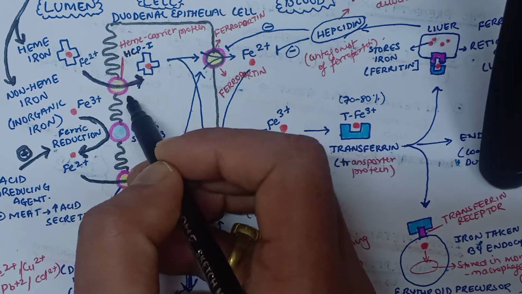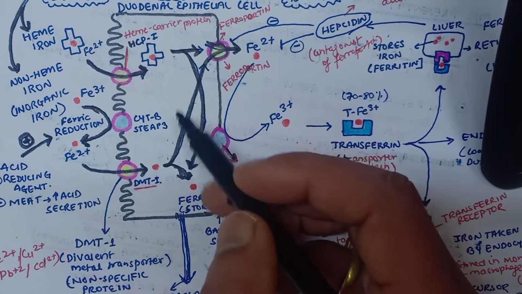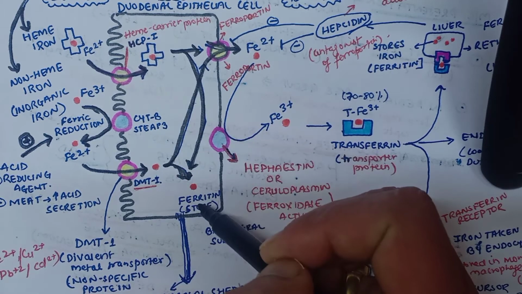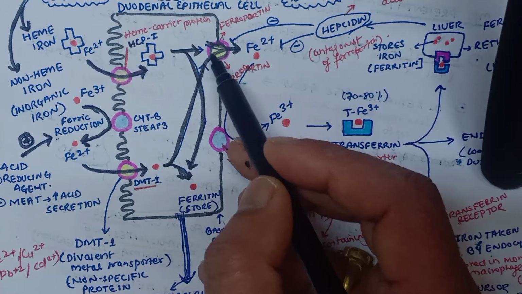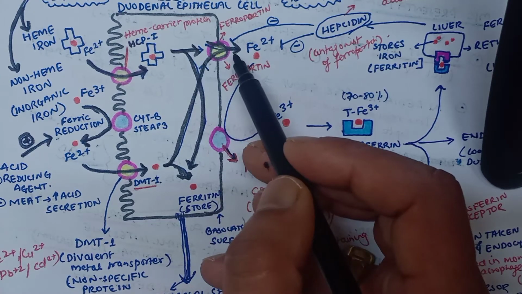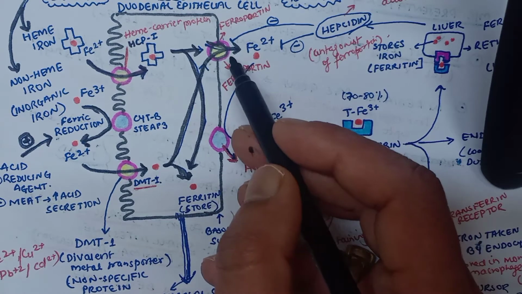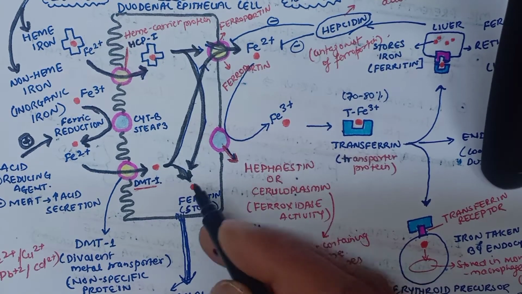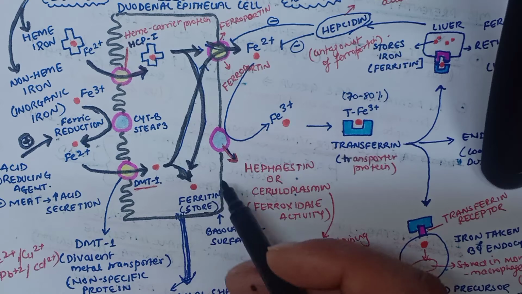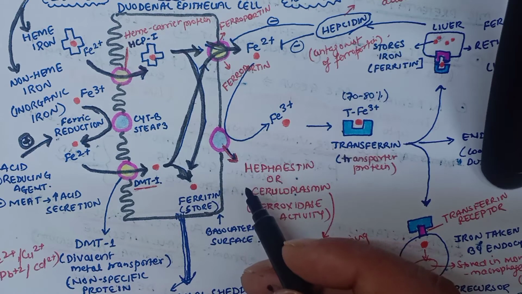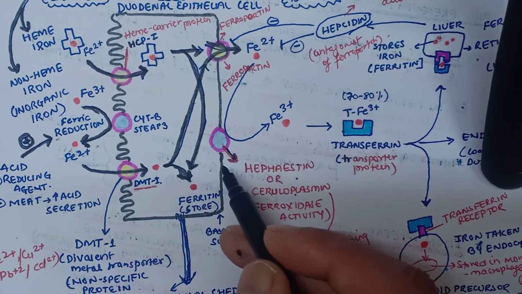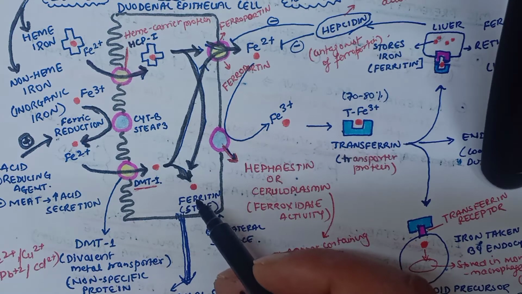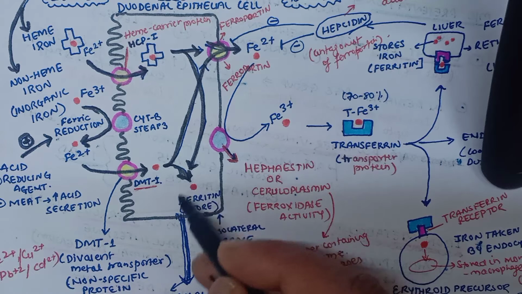that is HCP1. So once the iron comes inside the enterocyte, iron can be stored as ferritin or transported through the basolateral membrane into the circulation through ferroportin. Ferritin that is not bound to iron is called apoferritin, which has intrinsic catalytic activity that oxidizes iron into ferric iron to be bound and stored as ferritin.